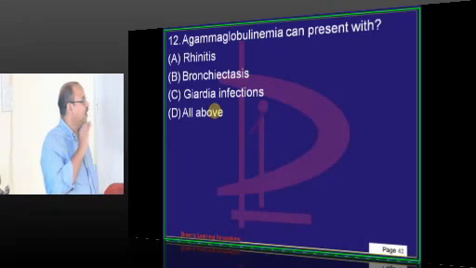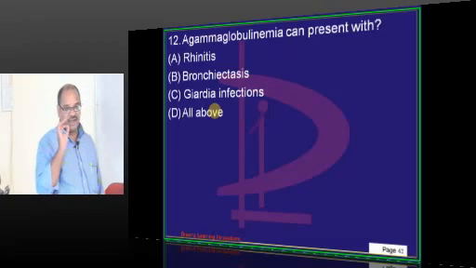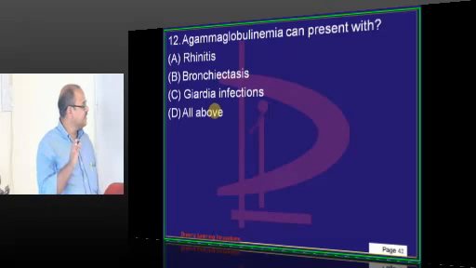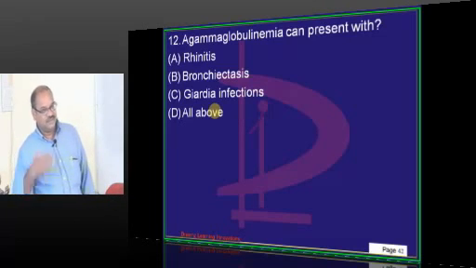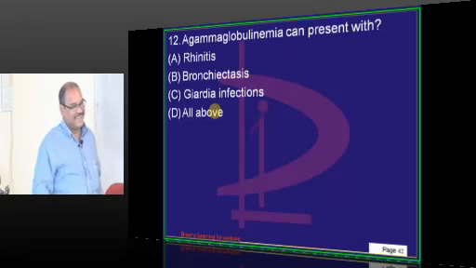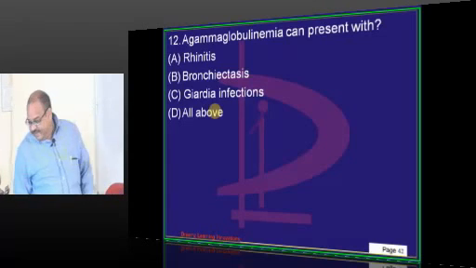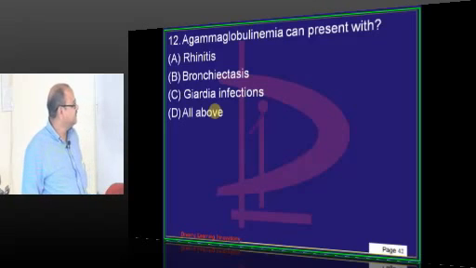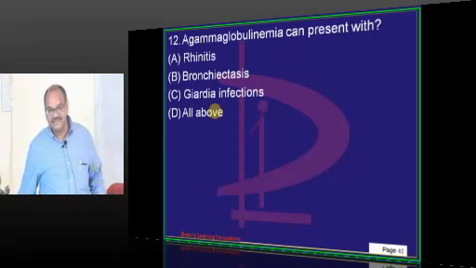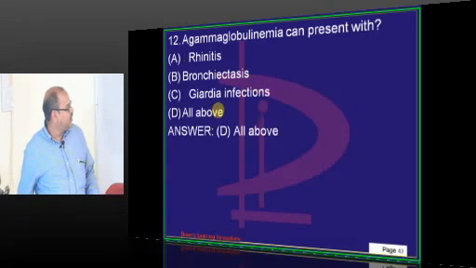Don't jump, think. All of the above. Agammaglobulinemia can present with rhinitis, bronchiectasis, giardia infection, all of the above.